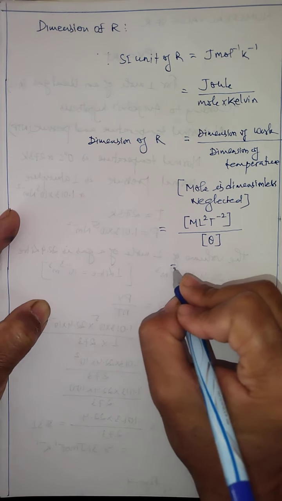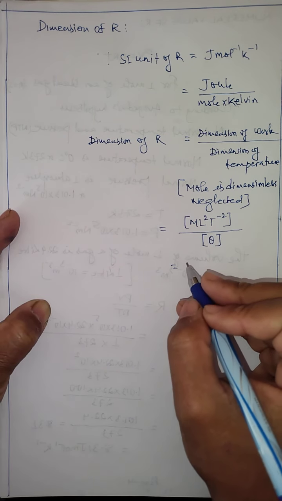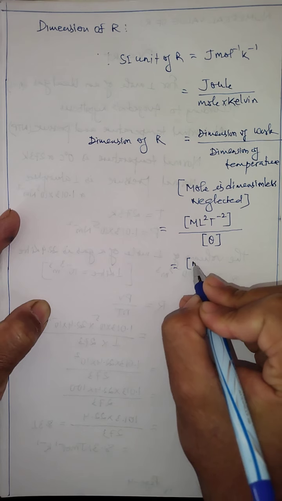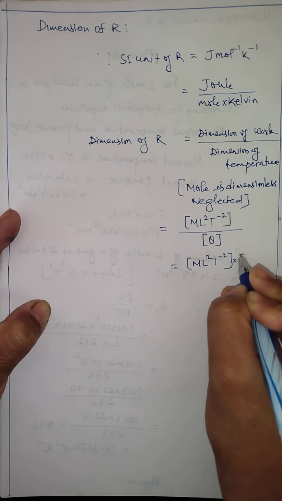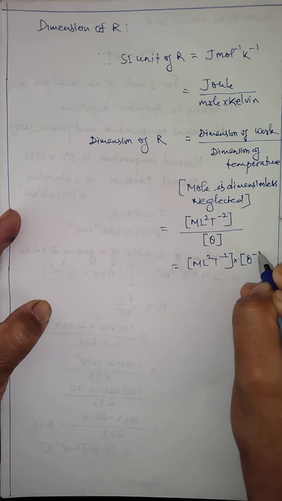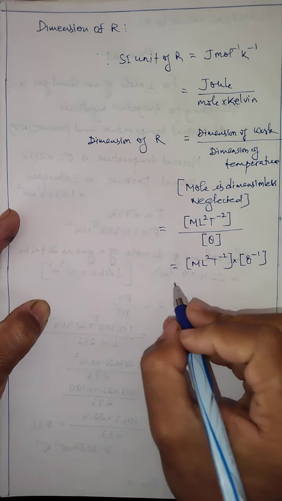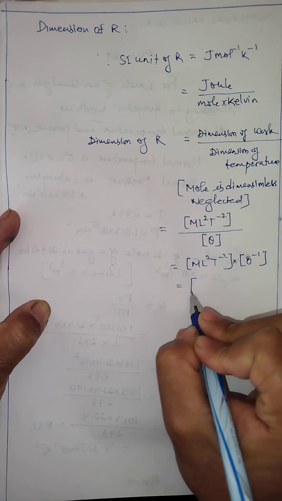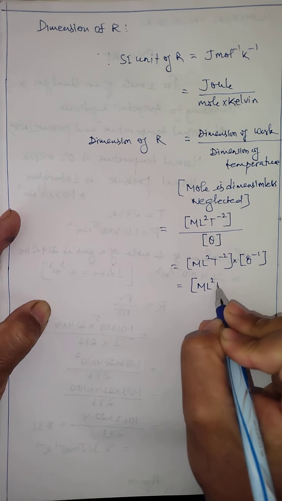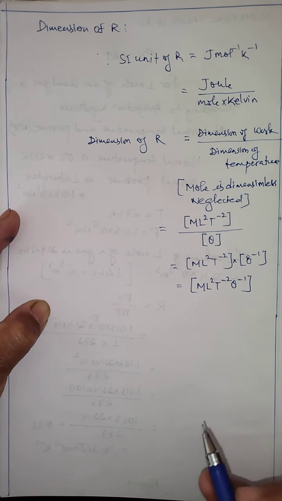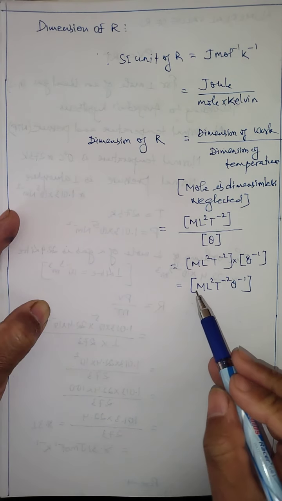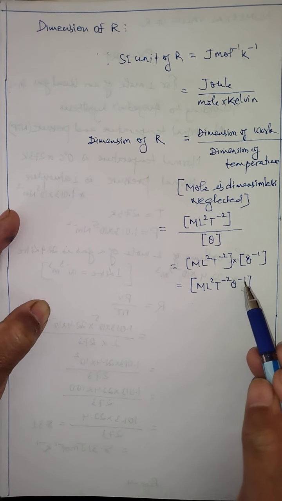If I take this quantity in the numerator, it will be ML square T minus 2 into theta to the power minus 1. Now if I combine, finally the dimension of R is ML square T minus 2 theta minus 1.